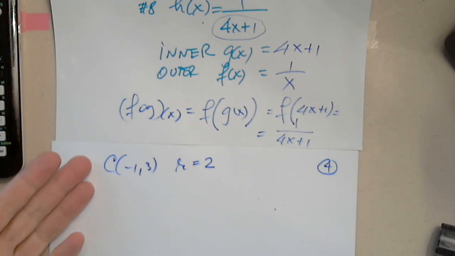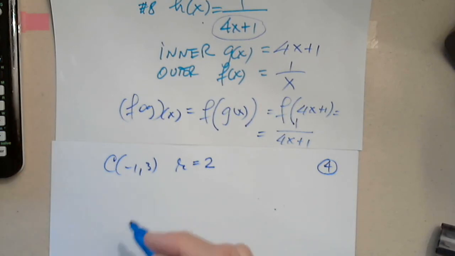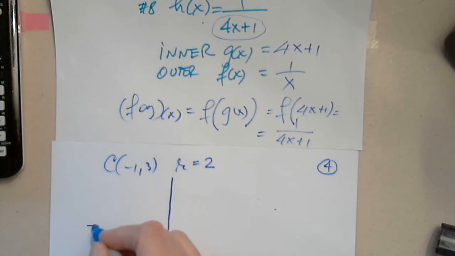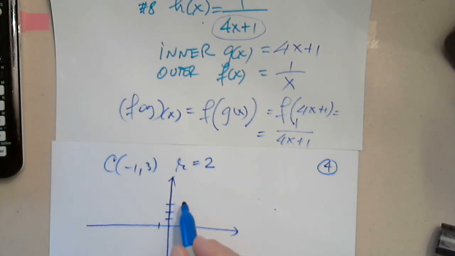Okay, so what do we do? We're asked to write the equation of a circle that has this center and this radius and eventually graph it. Well, I can start by graphing it very easily. I start with -1, 3, and I create 4 points around the circle, 2 units away in each direction, because the radius is 2.